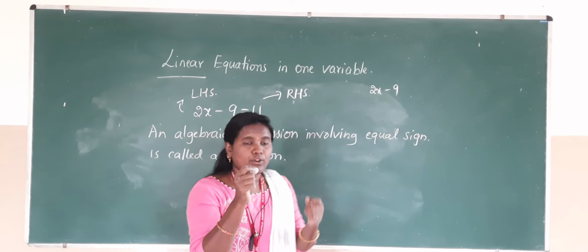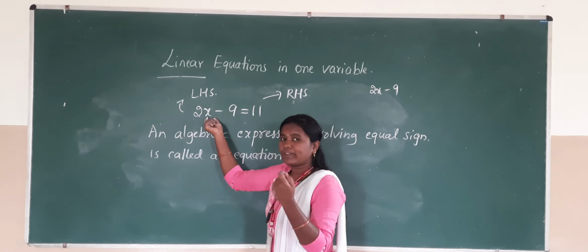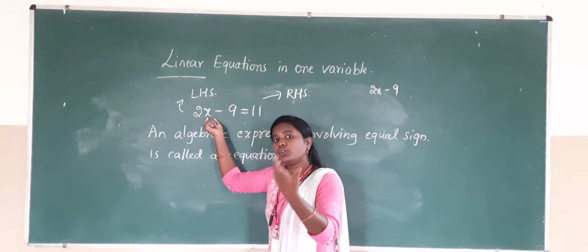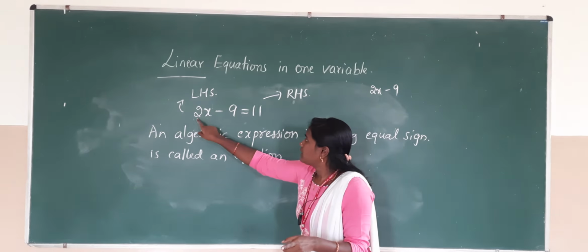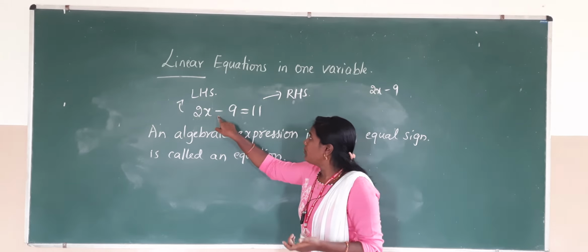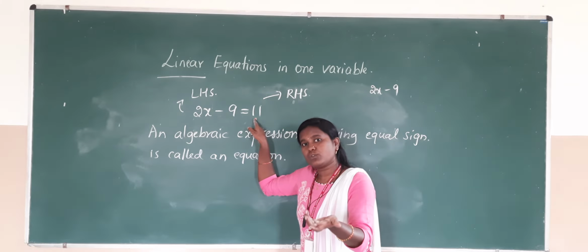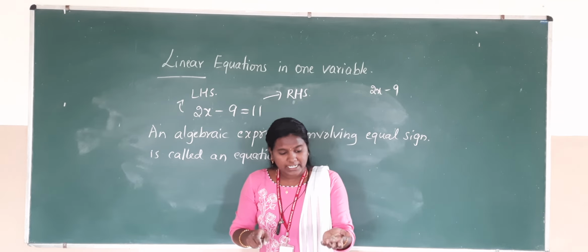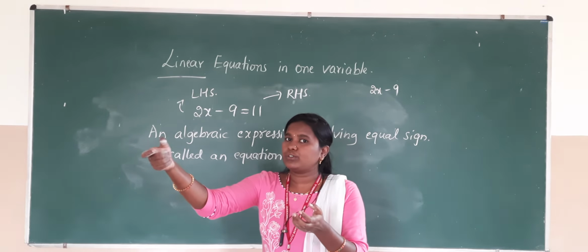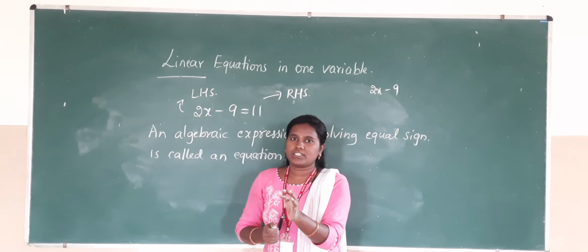If for some certain value of x, 2 into that value minus 9 gives 11, then LHS will be equal to RHS. Then that value of x is called the solution of the equation.